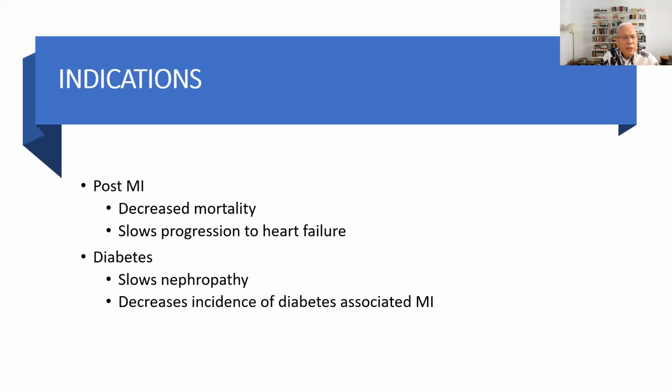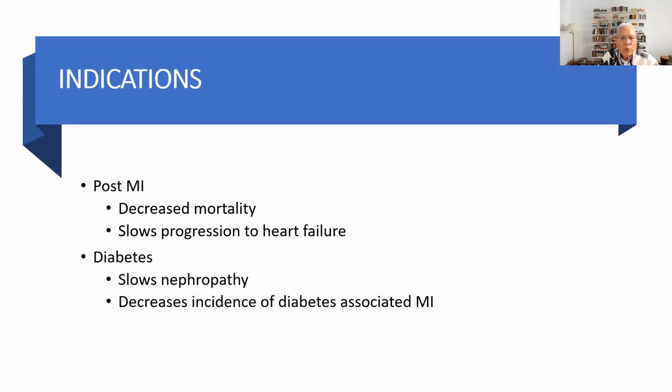The other use is in patients with diabetes. So why is it that it is going to be useful in patients with diabetes? Well, the renin-angiotensin-aldosterone system and increased glomerular capillary pressure increases the progression of renal dysfunction due to diabetic nephropathy.